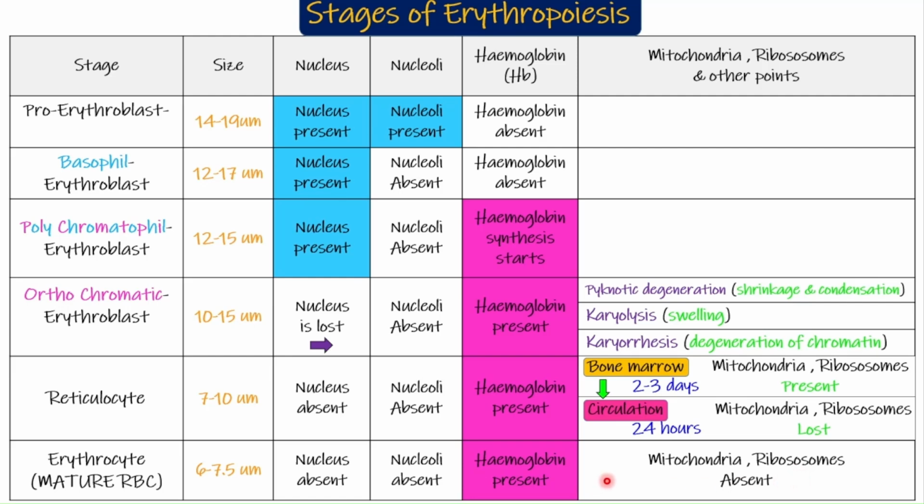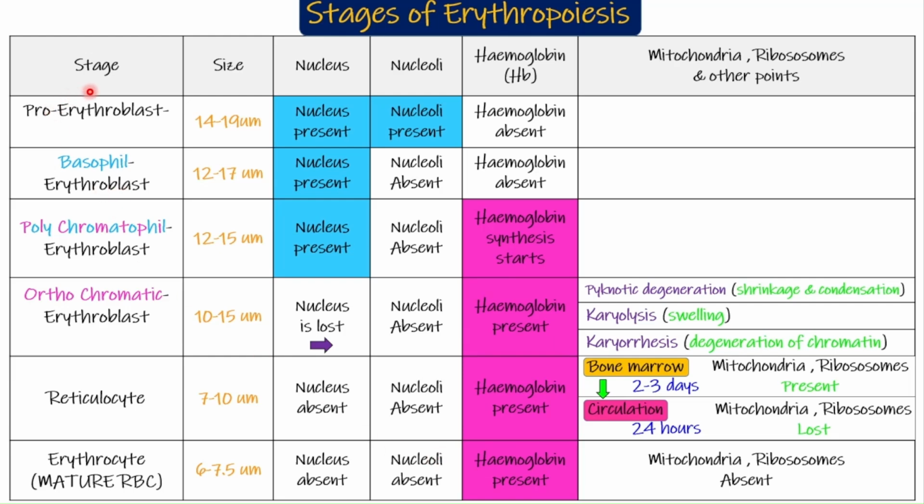So remember three points: mature RBC has hemoglobin, but it does not have a nucleus, mitochondria, and ribosomes. Other cells have a nucleus, mitochondria, and ribosomes, but they don't have hemoglobin.